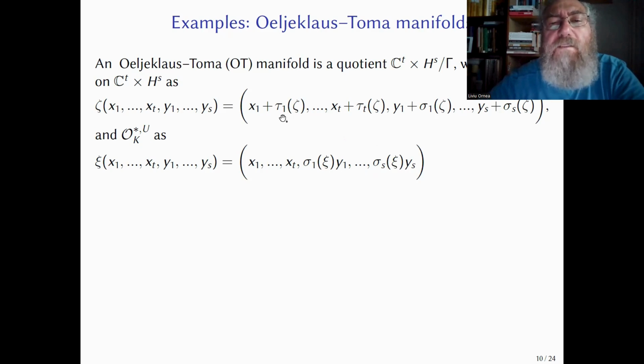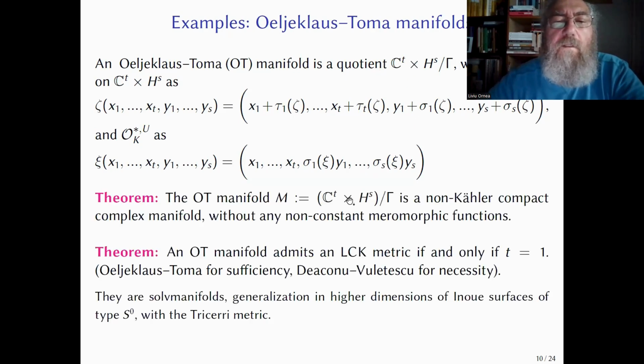So the complex embeddings act by translations only, and the real ones by homotheties also. You obtain an affine manifold which was proven to be non-Kähler.